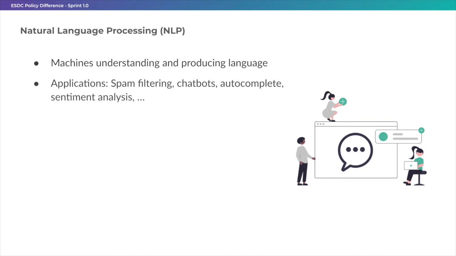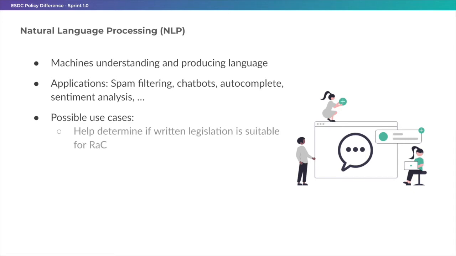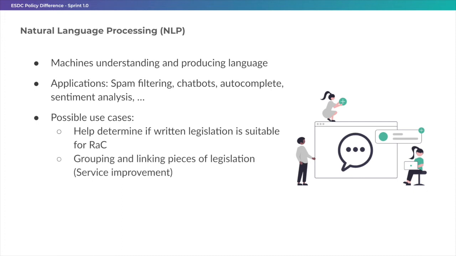Some potential use cases for us could be to help determine if written legislation is suitable for rules as code, and it could also be used for grouping and linking similar pieces of legislation. There is a case study for the Accessibility for Ontarians with Disabilities Act that had some similar goals. So we are hoping to leverage that knowledge in our system as well.